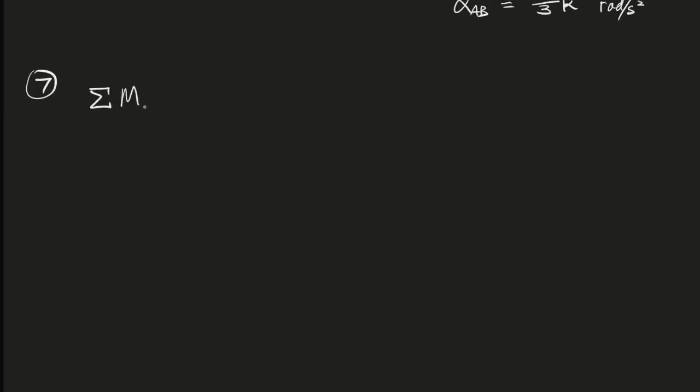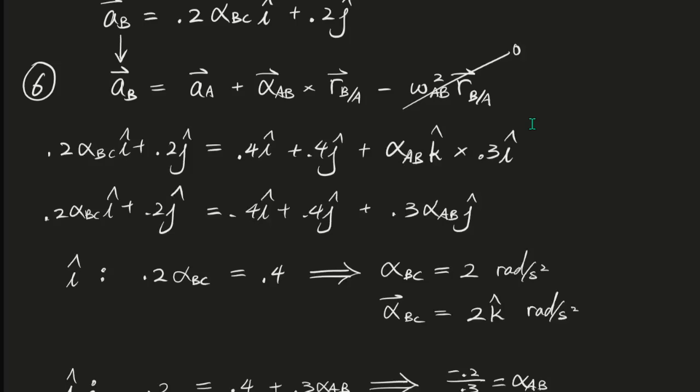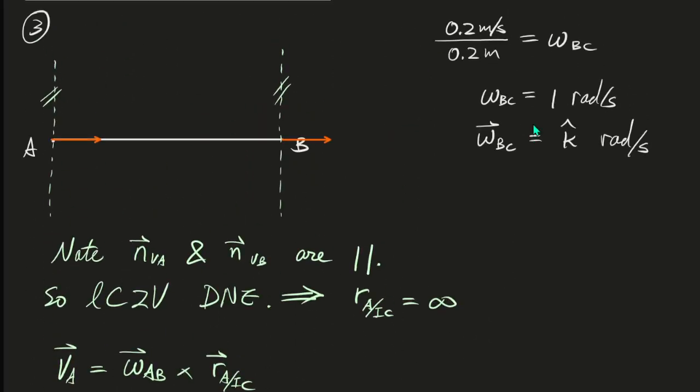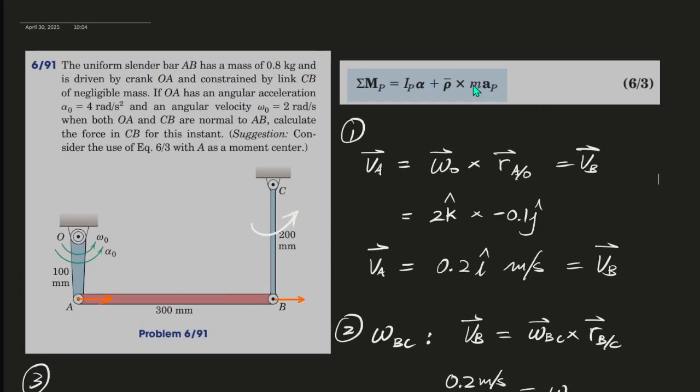So the sum of moments at A is equal to alpha AB, because that's the bar we're looking at, times the second moment of mass at A of the bar plus R of, what is the R? Oh, rho.